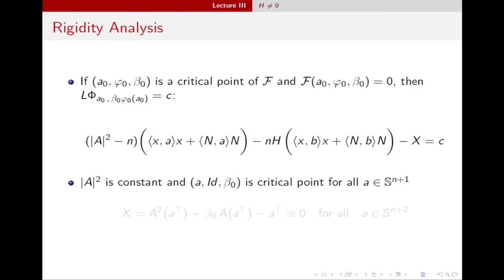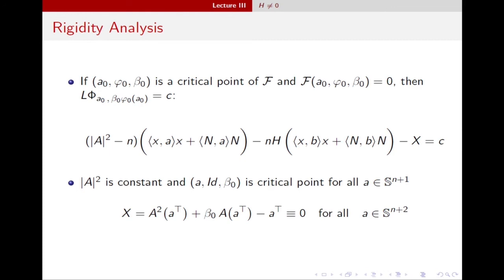And once you have that, you look at the vector fields associated to these critical points, and then you repeat the computation for the Jacobi operator on this surface as we did above, and eventually you see that the C that you have now must be 0, and once you get C equal 0, then the vector field X is also 0, because it's just the tangential part of that vector field, and so that vector field X will be 0 for all A, right?